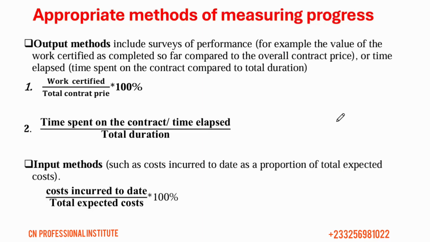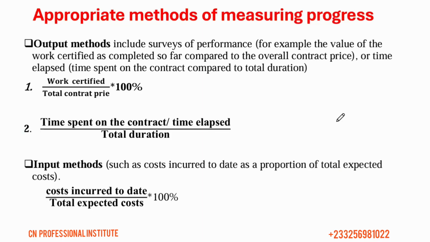How do we get the progress? If you think you are 40% complete, then you apply 40% on the total contract price. Take 40% of the total revenue, and that's what you record as your revenue in your books for that period. How do we get the progress that we apply on the total contract price?